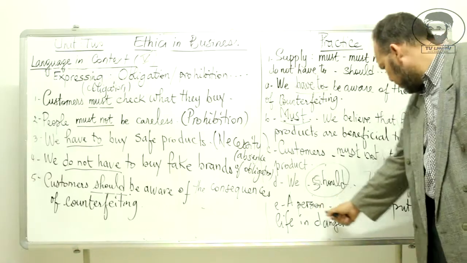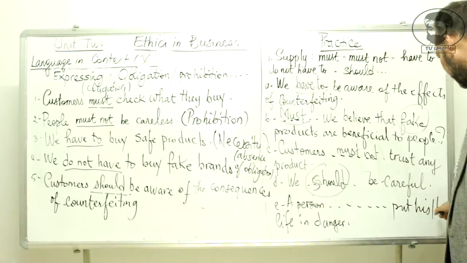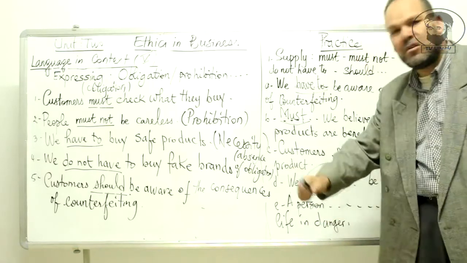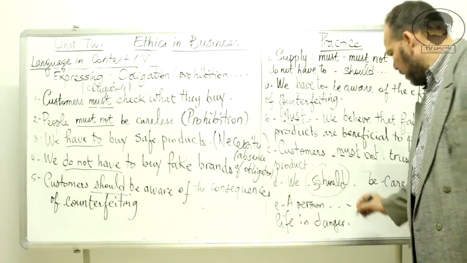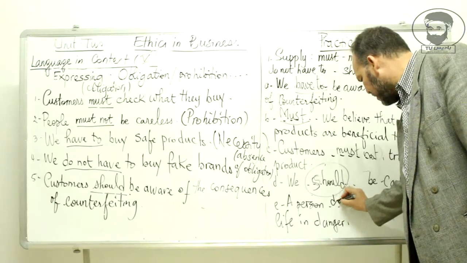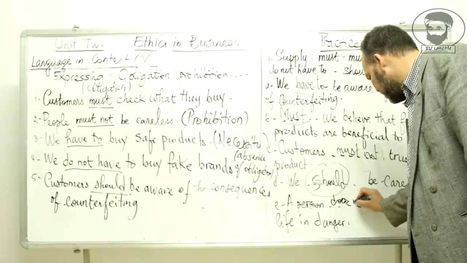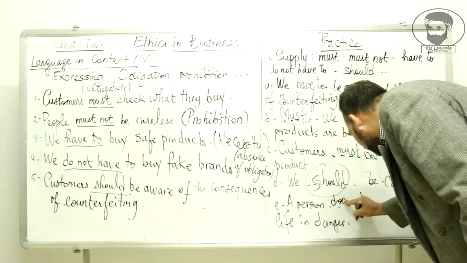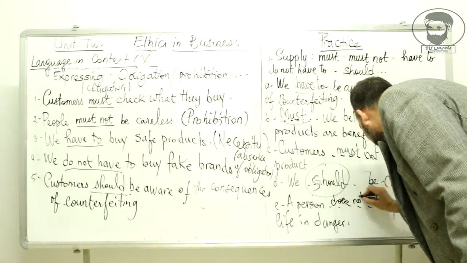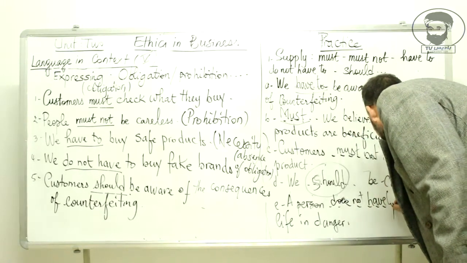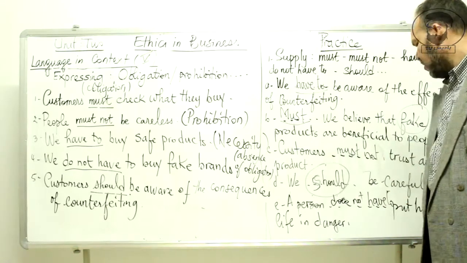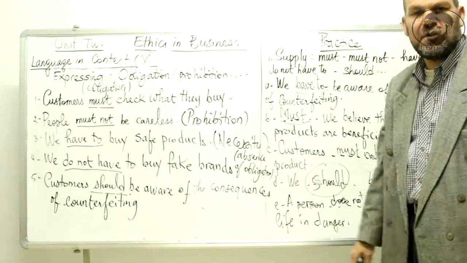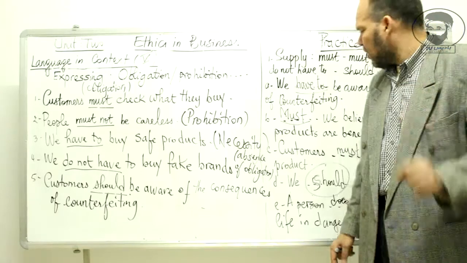Now, a person puts his or her life in danger. Let's phrase it clearly: a person doesn't have to put his or her life in danger. It means be careful when you buy.